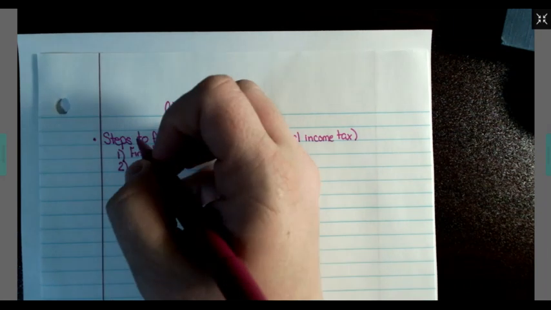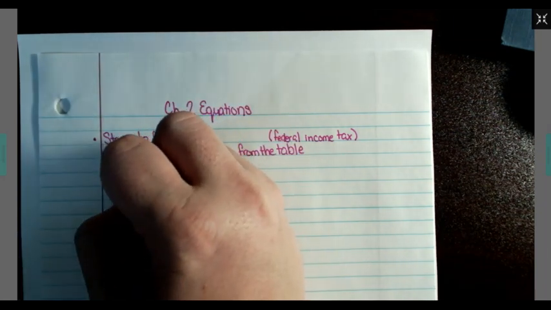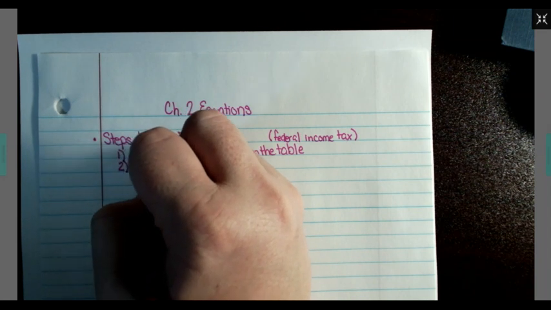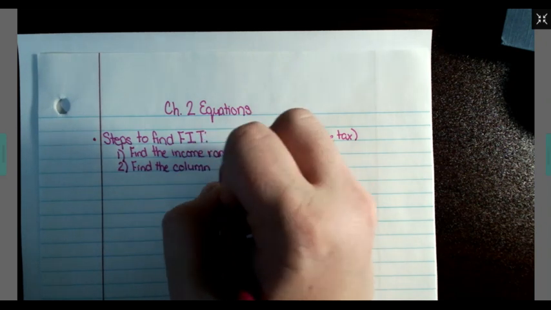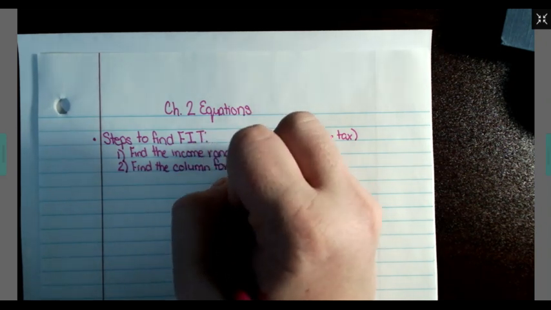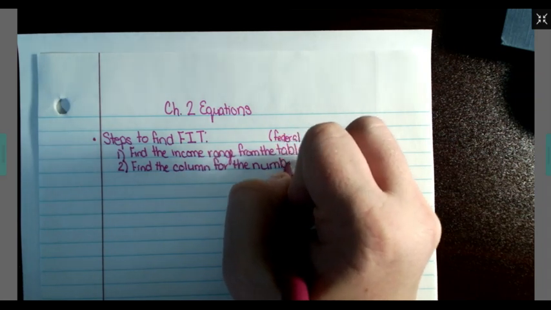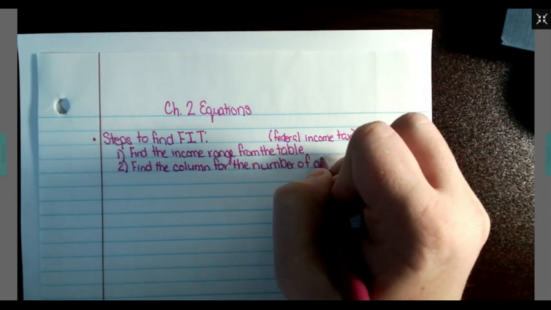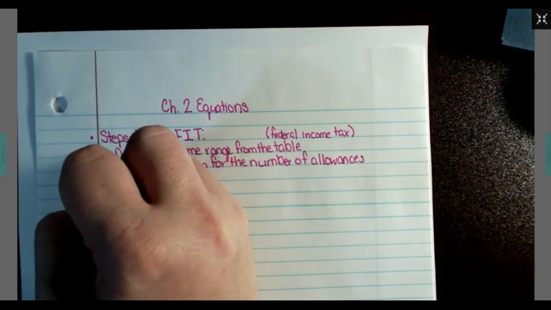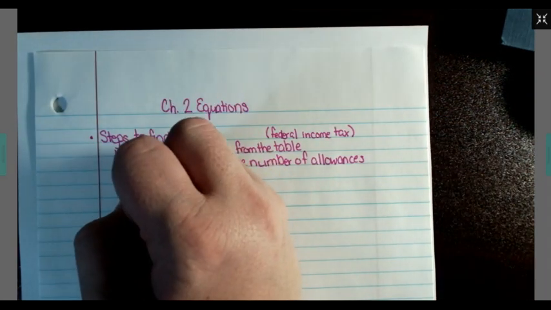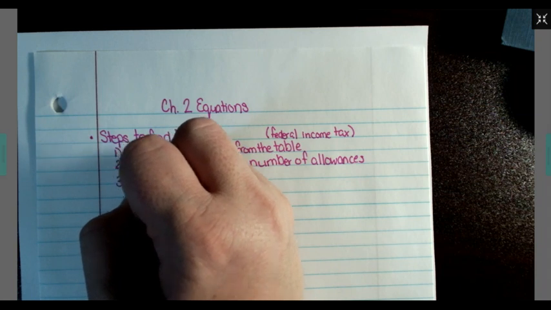Two, find the column for the number of allowances. Three, the number in the cell is the FIT.